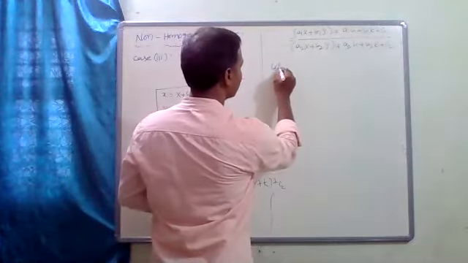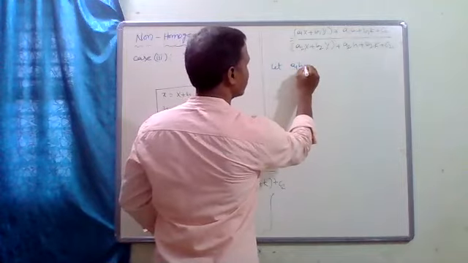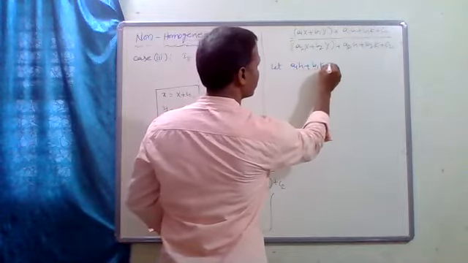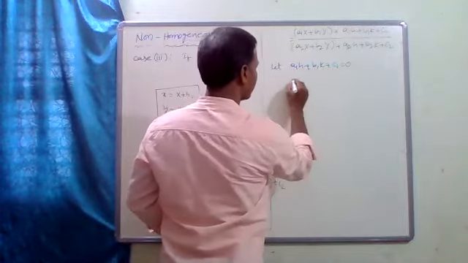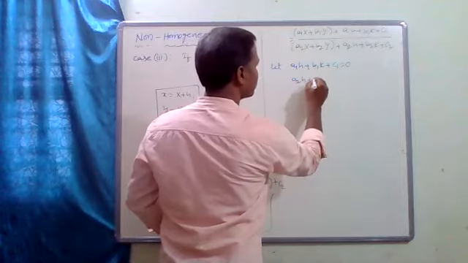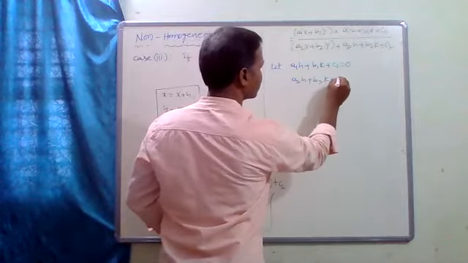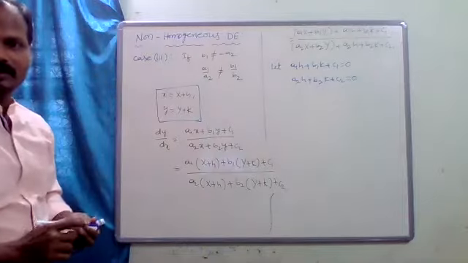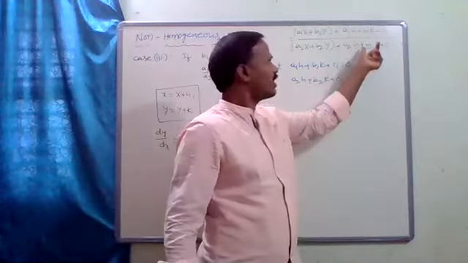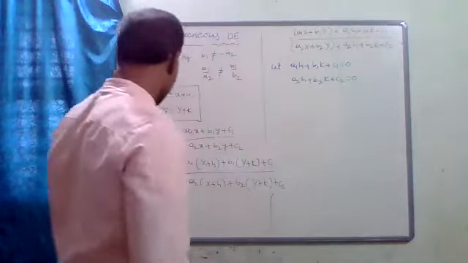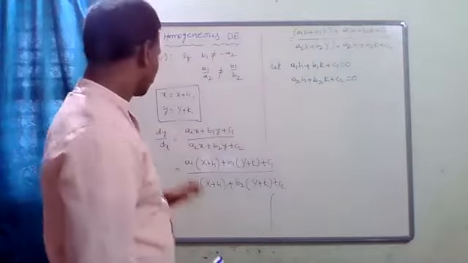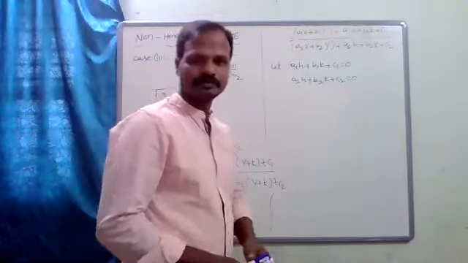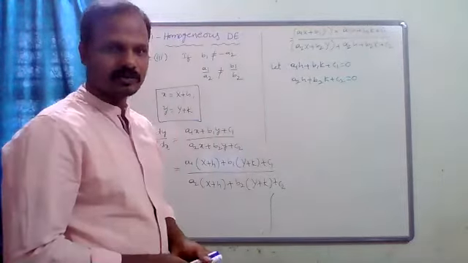So let a1h plus b1k plus c1 equal to 0, and a2h plus b2k plus c2 equal to 0. Make them 0. Now what will happen? If these two are 0, then the equation is converted.